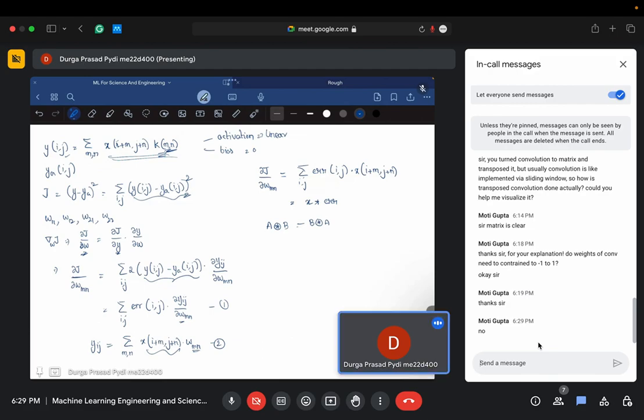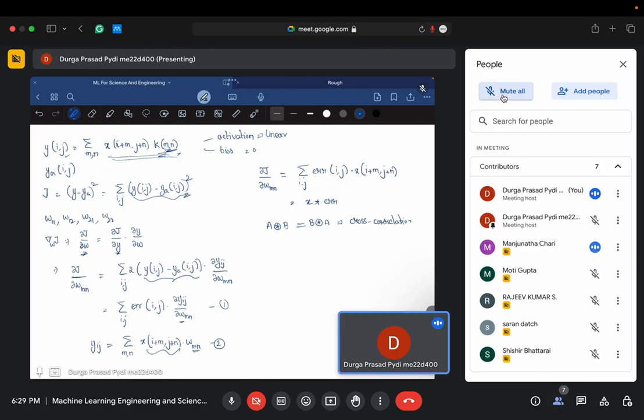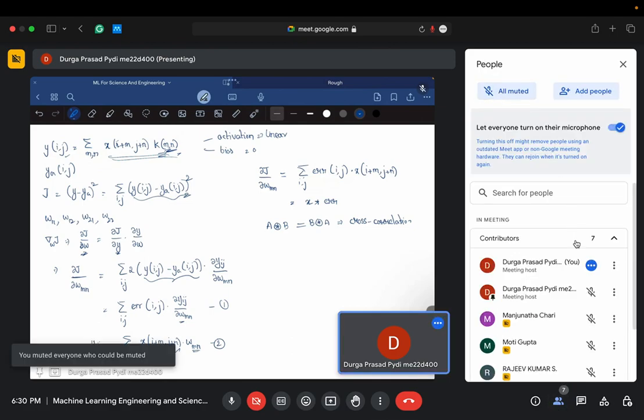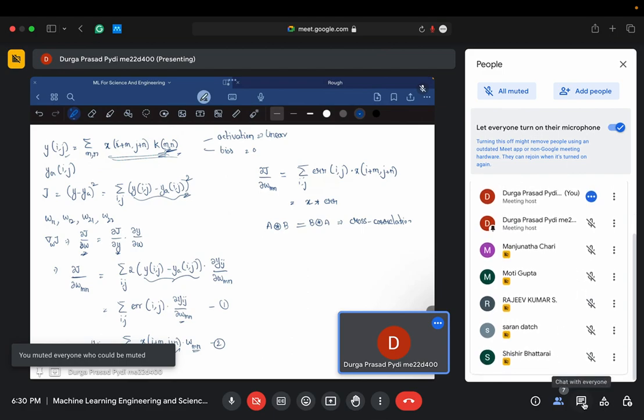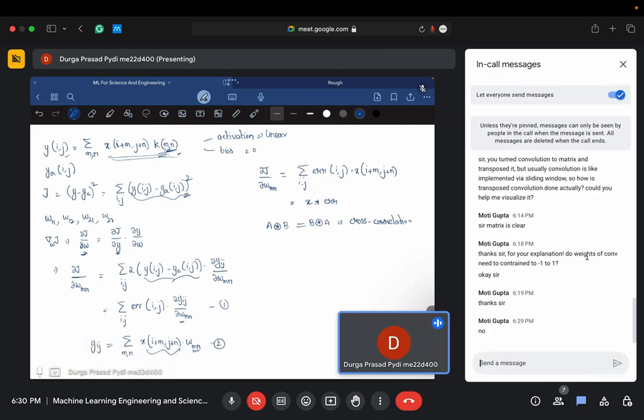The one we are calling convolution is really not a convolution. Mathematically this is called cross correlation. It's not convolution in the strict sense, but we are just using the name like that. The point I want to highlight is that it is not commutative.